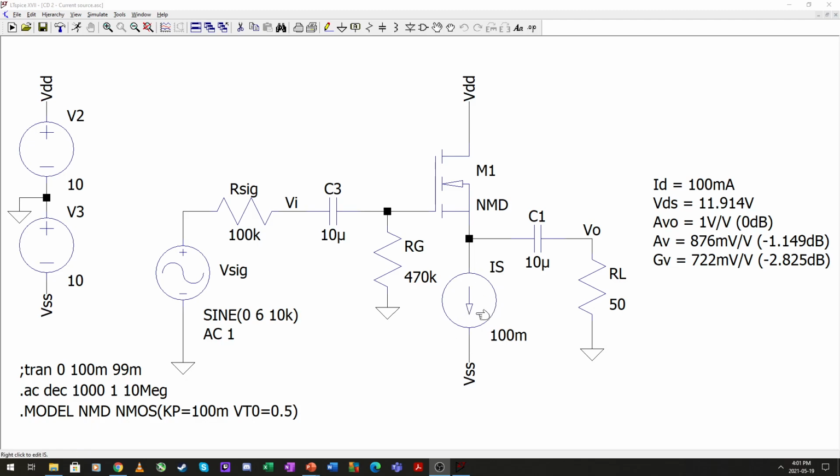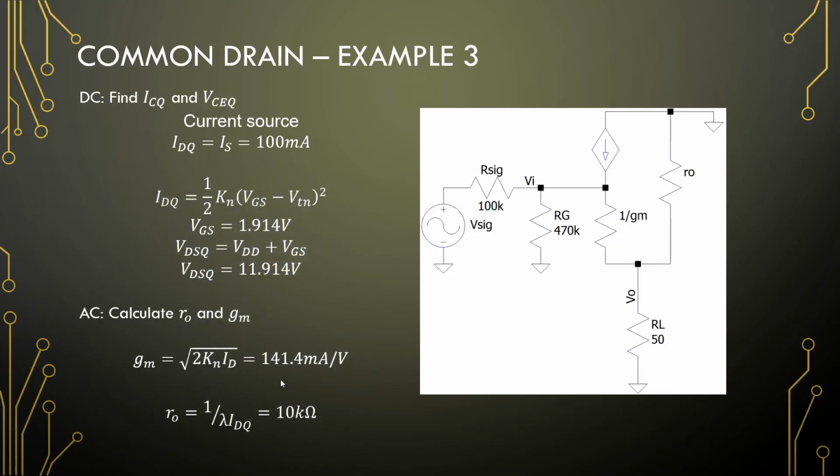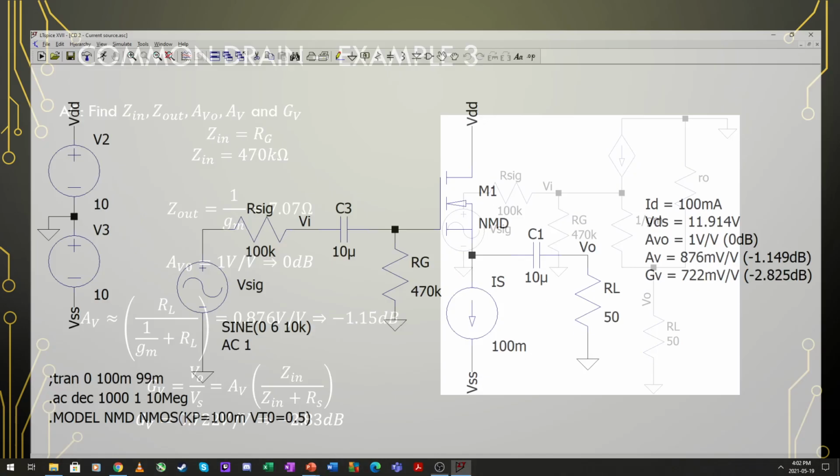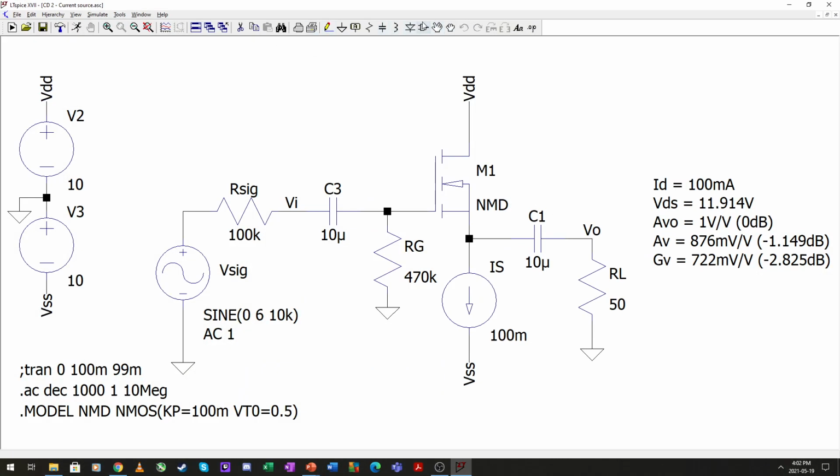So this current source right here just takes over, making our life easier with the calculations. VDS of 11.9, 1 volt, 0.87, 0.722. That is very well with the calculations versus the model.